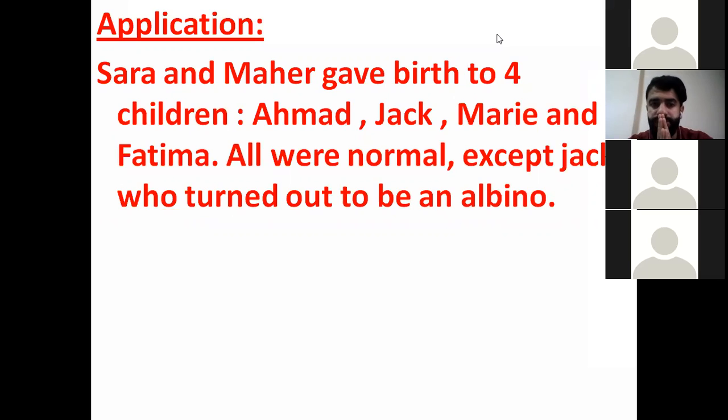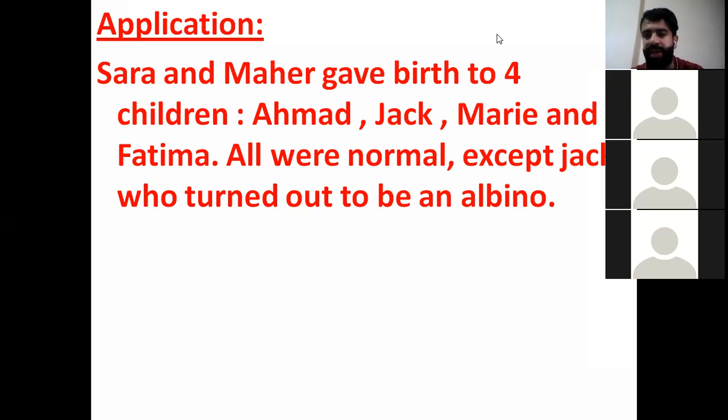Since both parents are normal, yet they gave birth to an albino child, this means that the albinism allele was masked in the parents, so it's what? Very good, recessive. So you have to look to the parents. I don't have to look to the brothers and sisters. It's not the case.